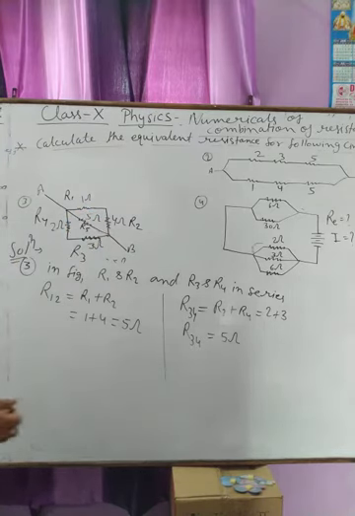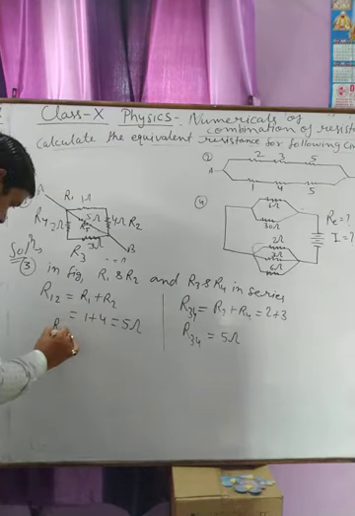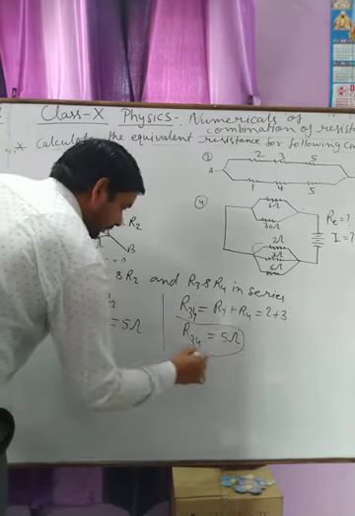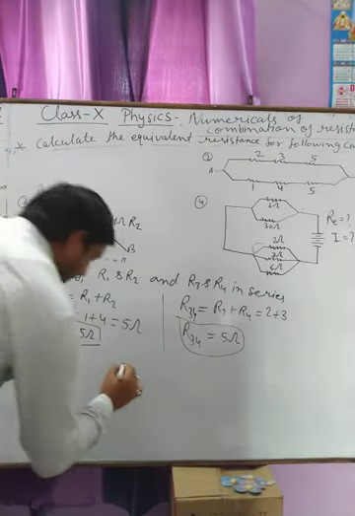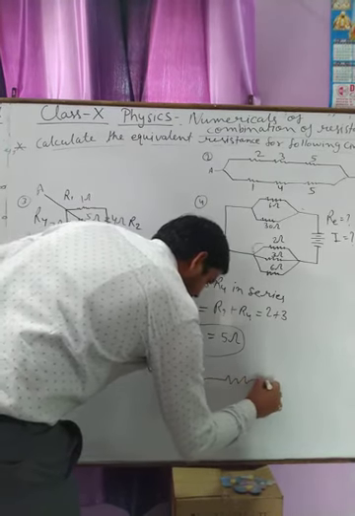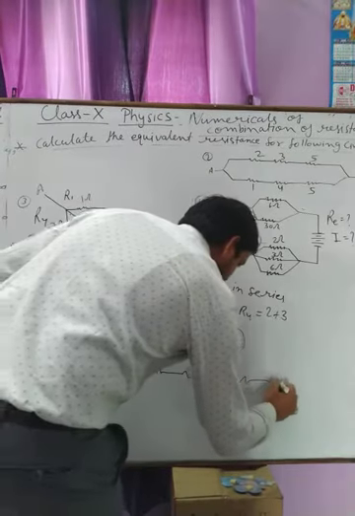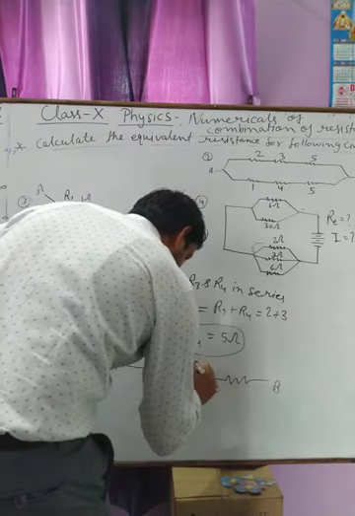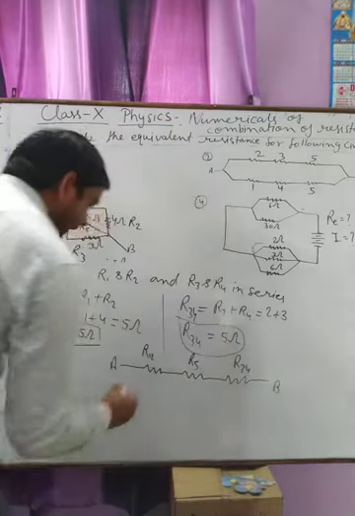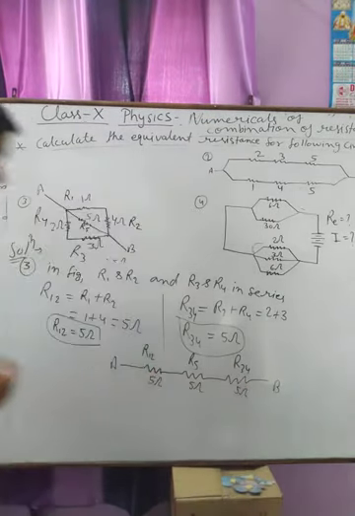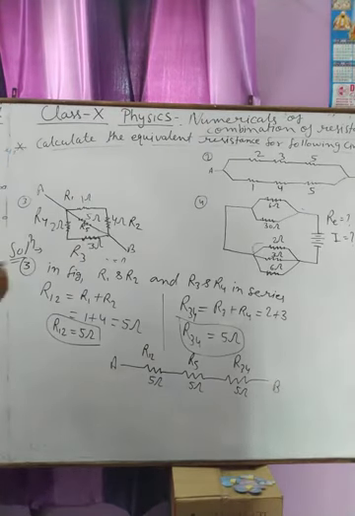Okay, now after solving these two, the circuit is reduced to a simple circuit from A to B. This is R12, this is R5, and this is R34. This value is 5 ohm, this is also 5 ohm, and this is also 5 ohm. One minute, student.